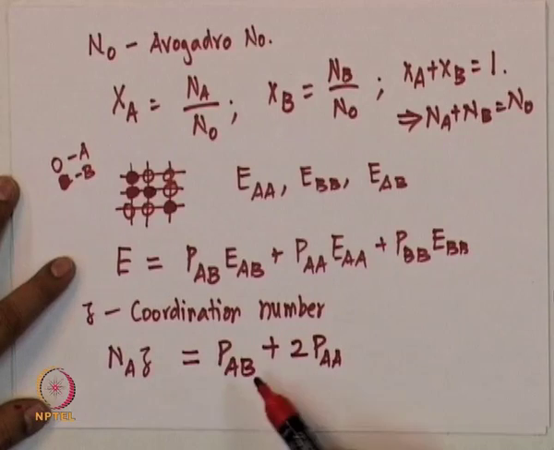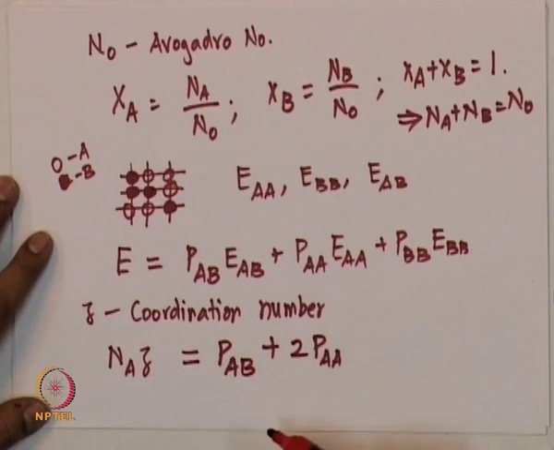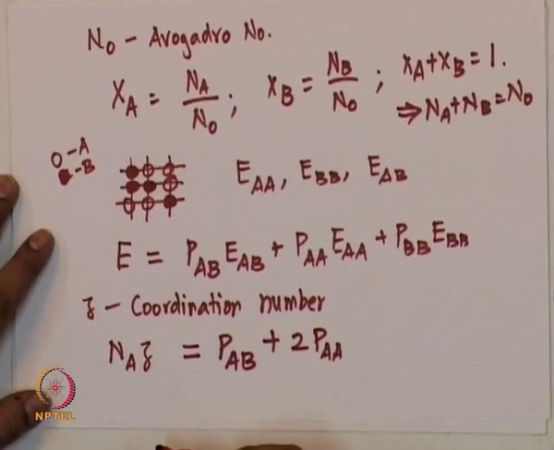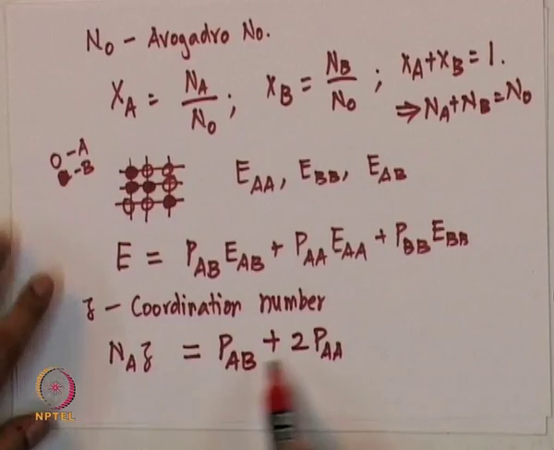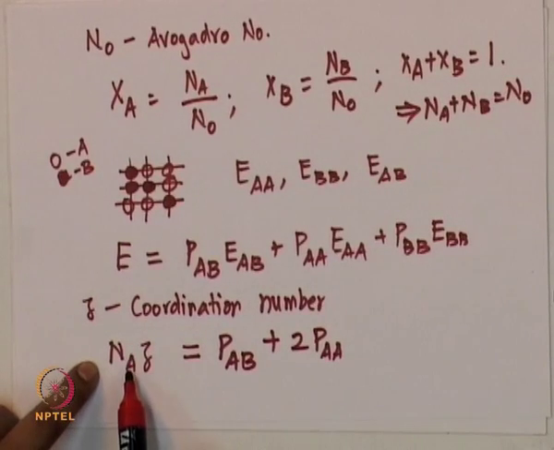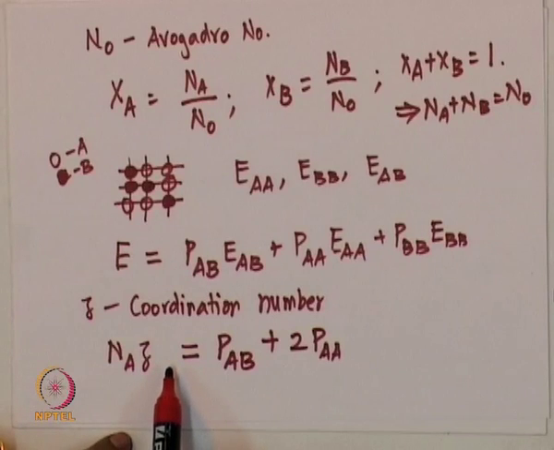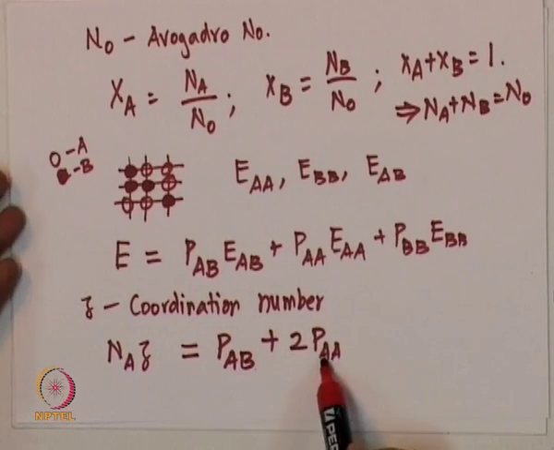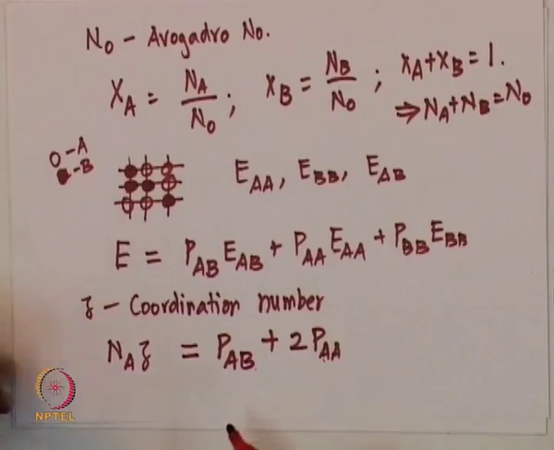So, there are twice the number of bonds when there are AA, right. So, how did we get this? We said the total number of A atoms and their coordination number at every site. So, that should be the total number of A bonds, and some of them are made with B and some of them are made with A itself. So, that is how we got it.